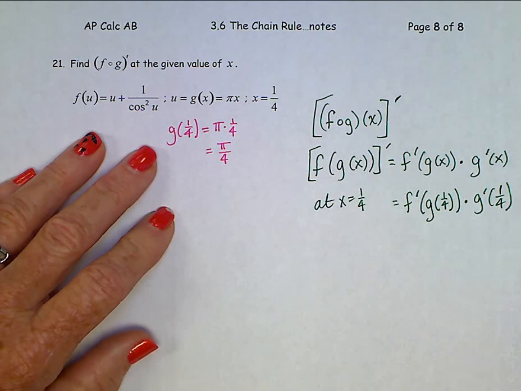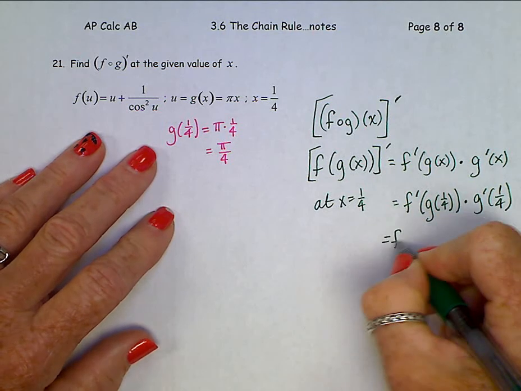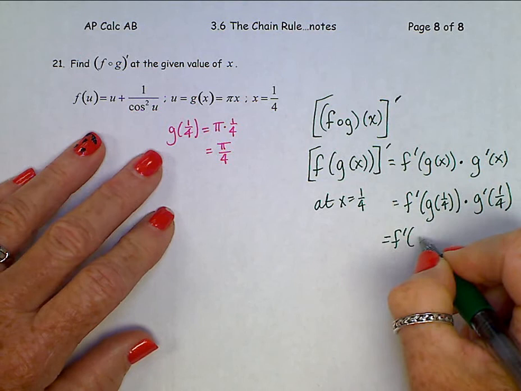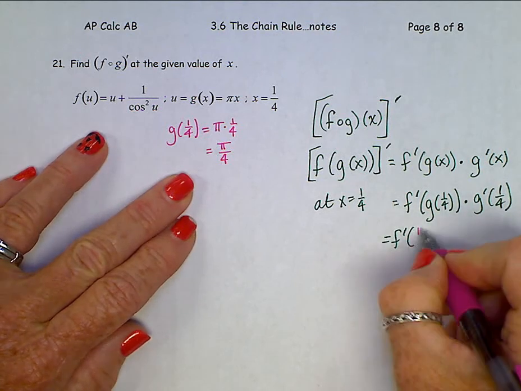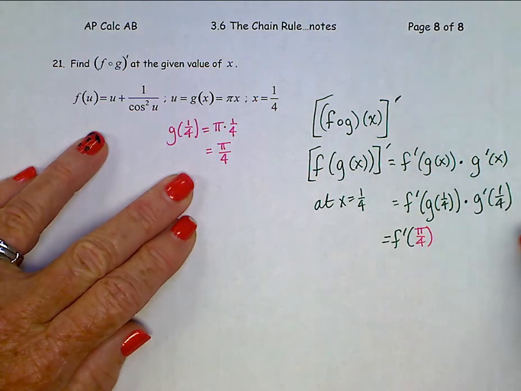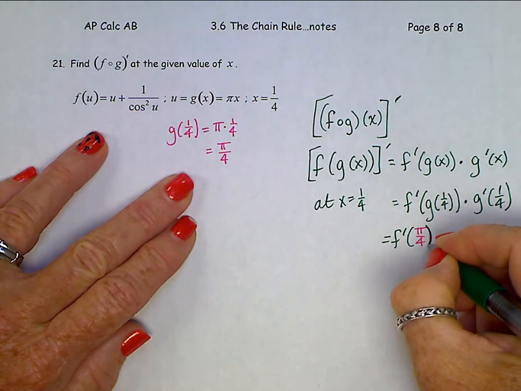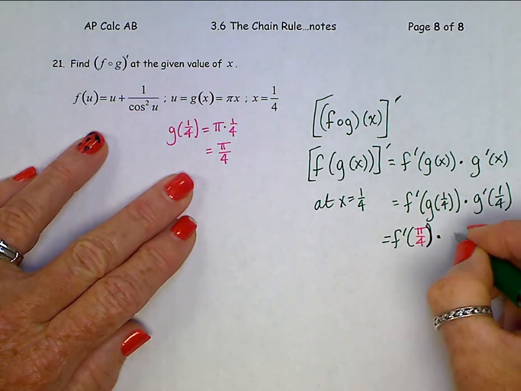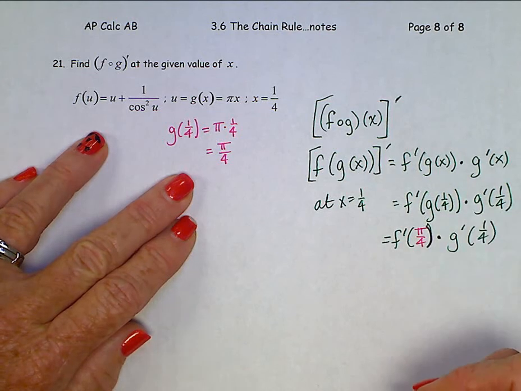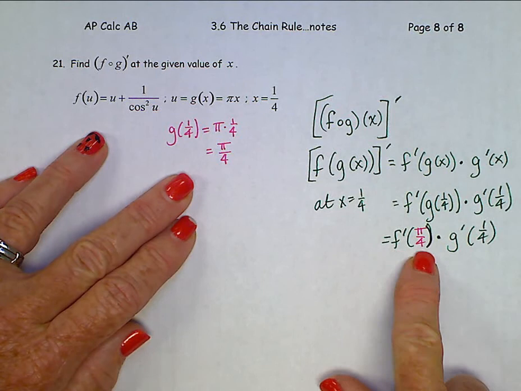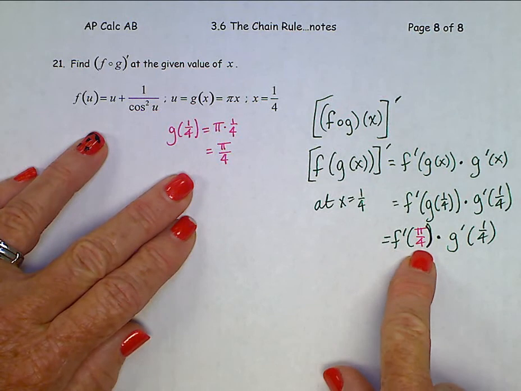So now we have f prime of g of 1/4, that's pi over 4, times g prime of 1/4. All right, now let's find f prime of pi over 4.